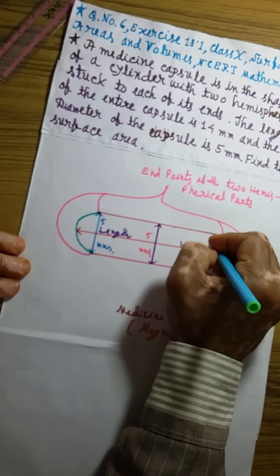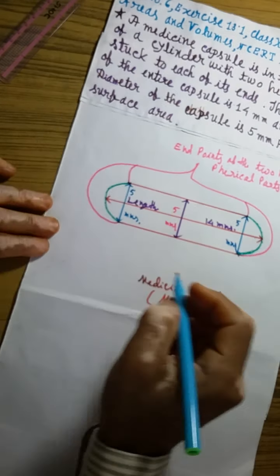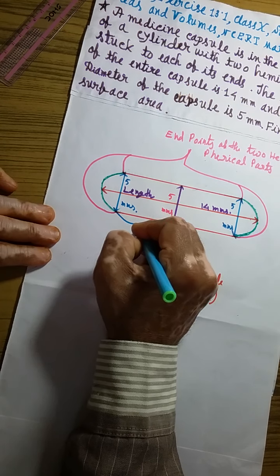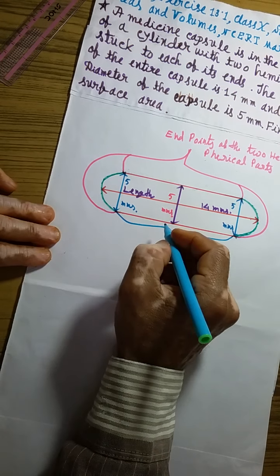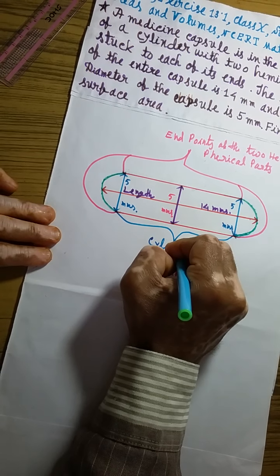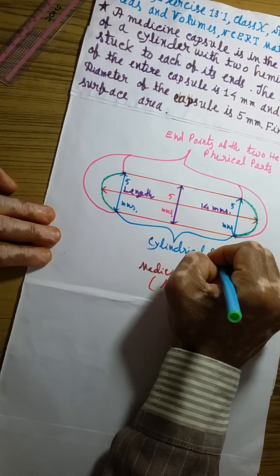So write here 5 millimeters, 5 millimeters. After this, let us represent the cylindrical part of the medicine capsule. Right here, cylindrical part.